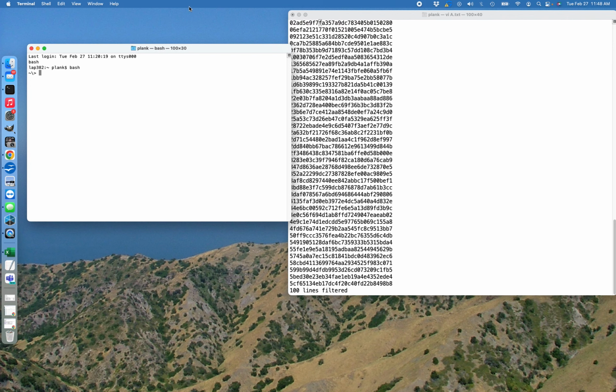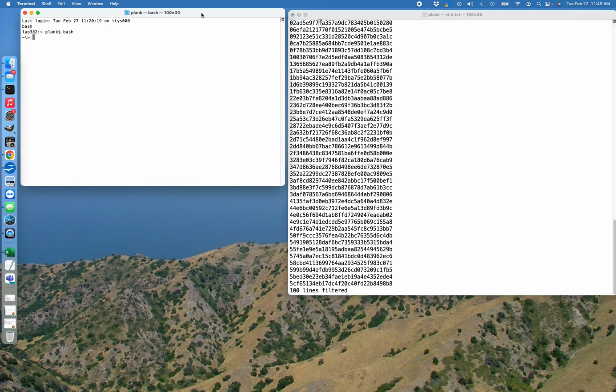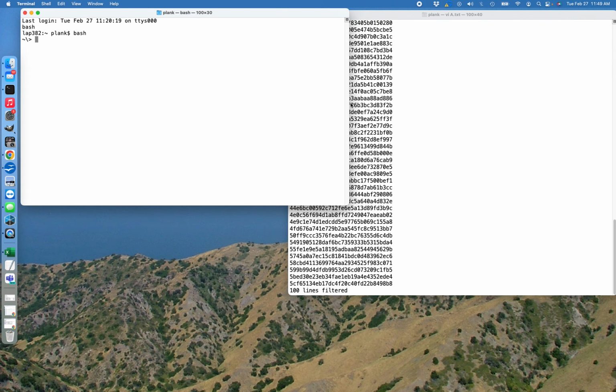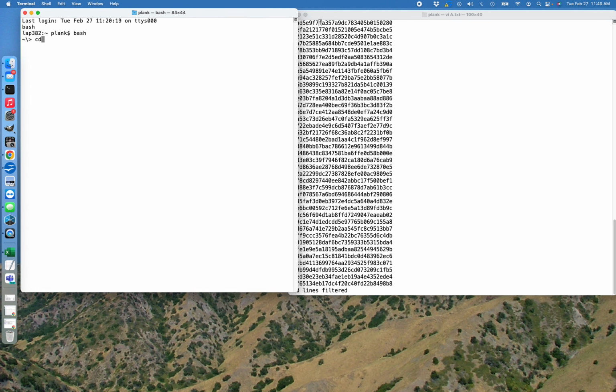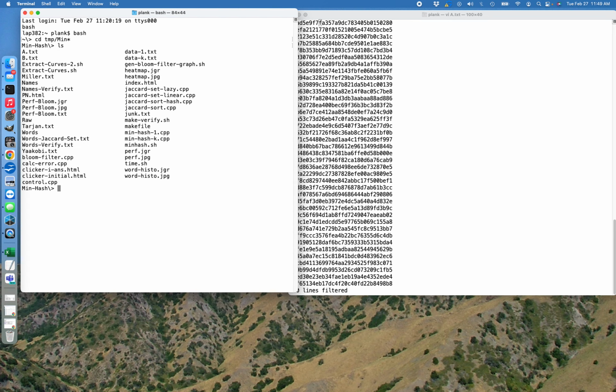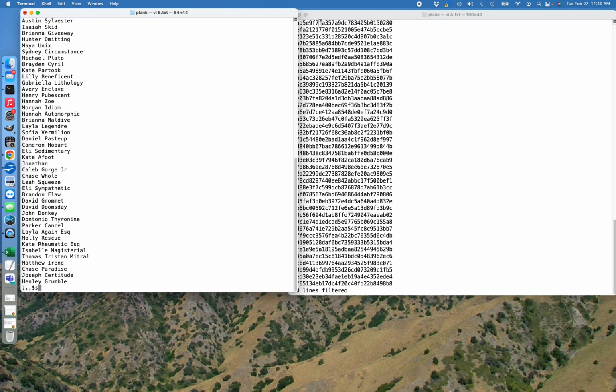But now let me go over to B. cd temp min hash. I'm typing poorly today. Okay, so here, B.text. Let's do it all in one thing. Echo 1 into OpenSSL MD5.